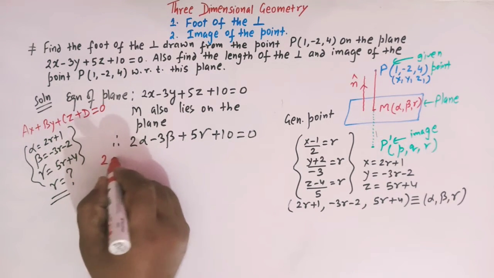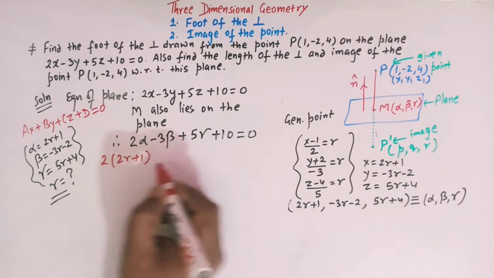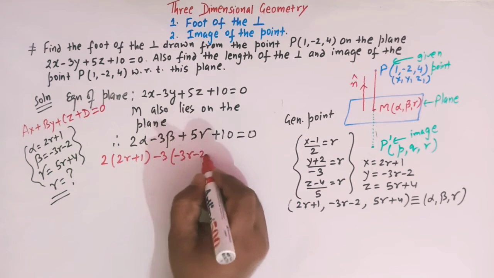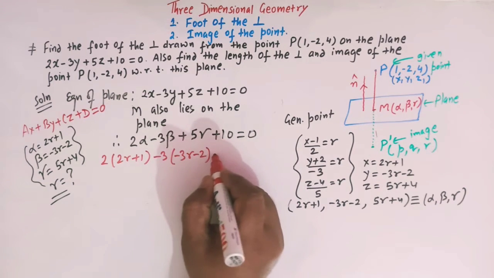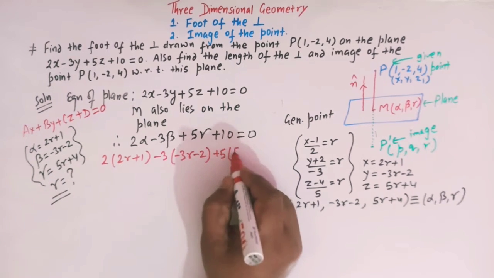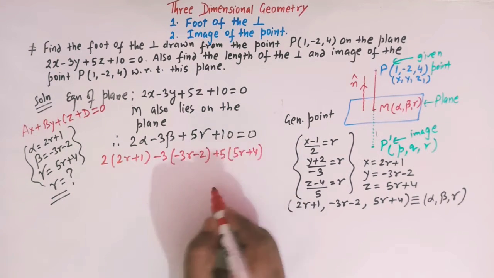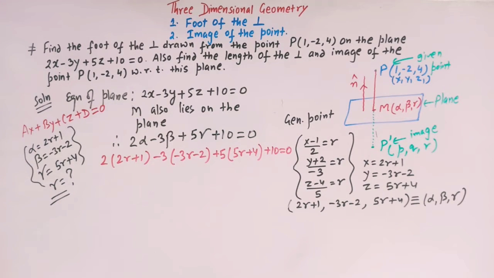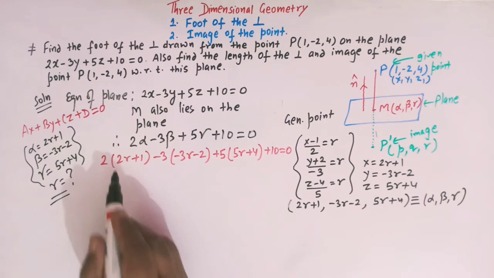So we have 2(2r plus 1), then we have minus 3(minus 3r minus 2), and then we have 5(5r plus 4) plus 10 is equal to 0, right? And now we can solve this equation in r.